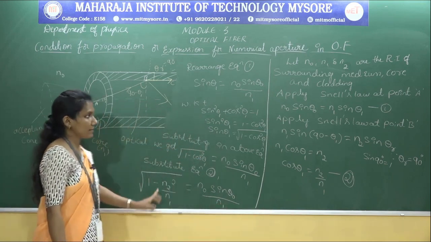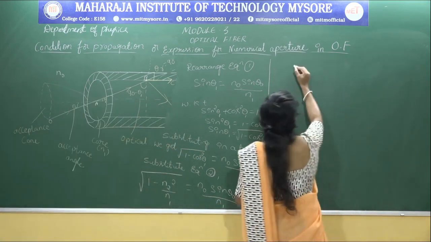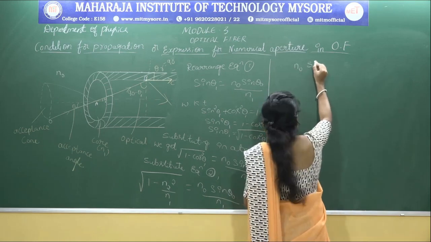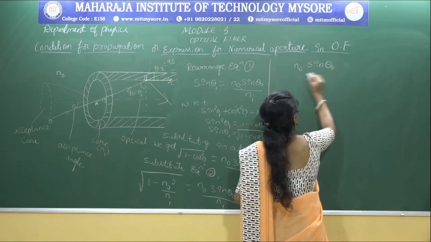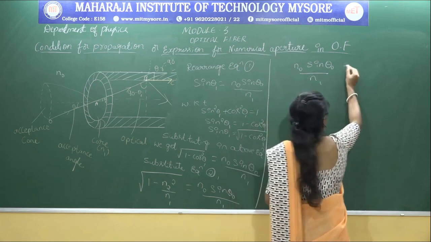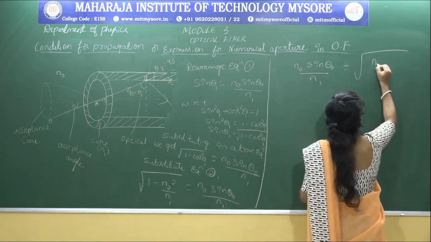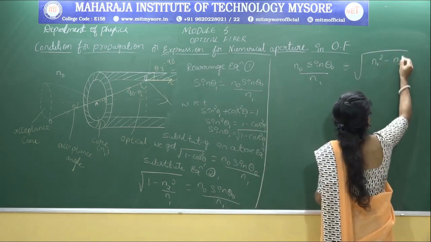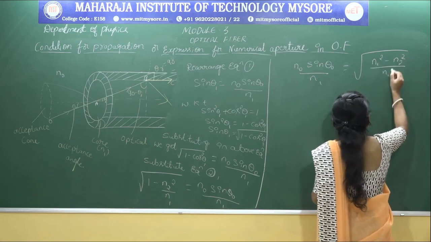So if we rearrange this, what will we get? Writing again that equation here: root of n1 square minus n2 square divided by n1 square.